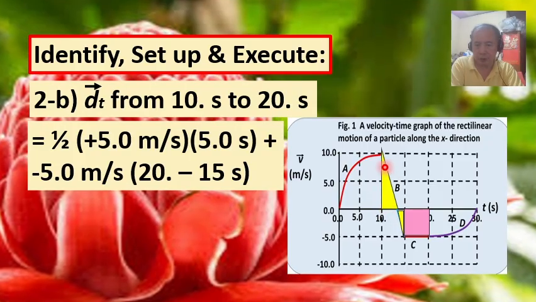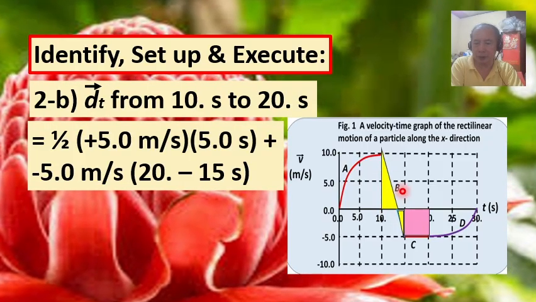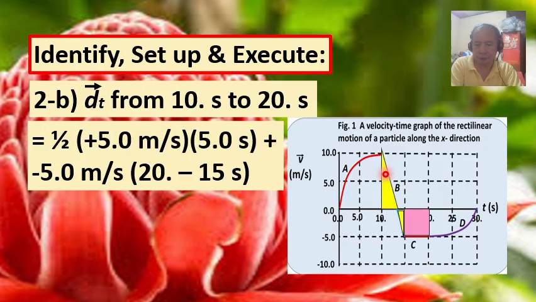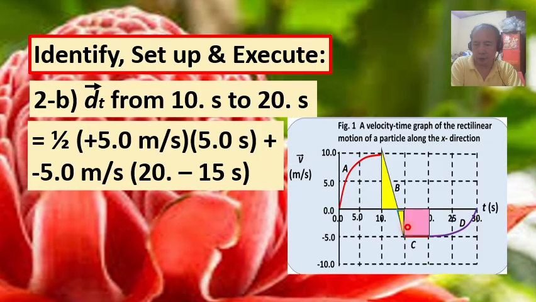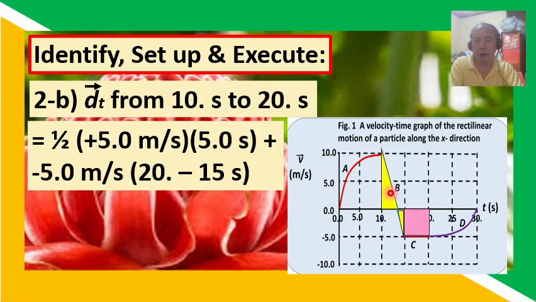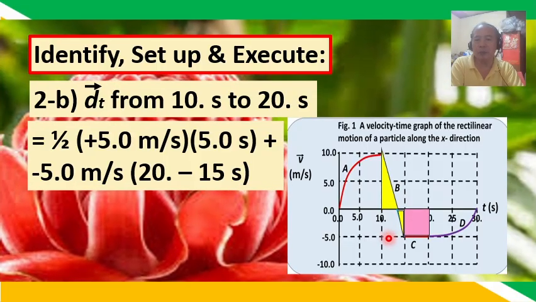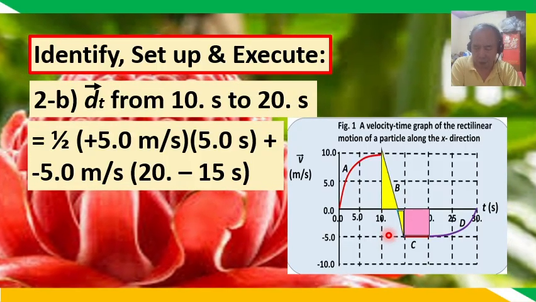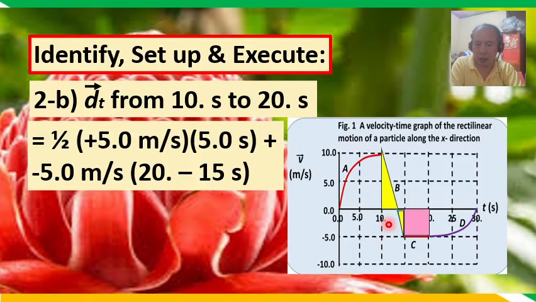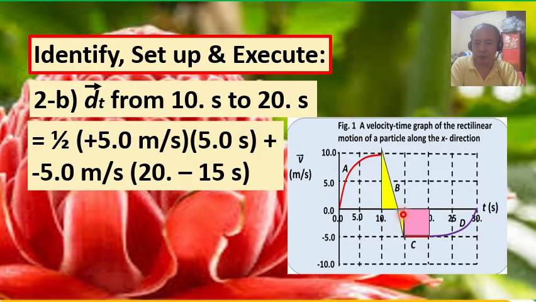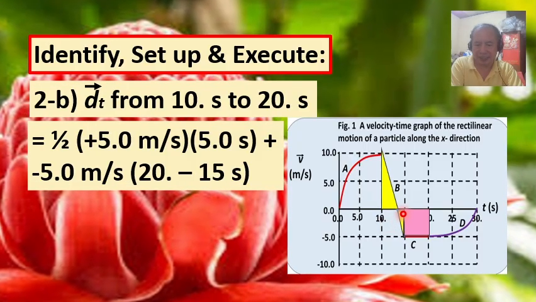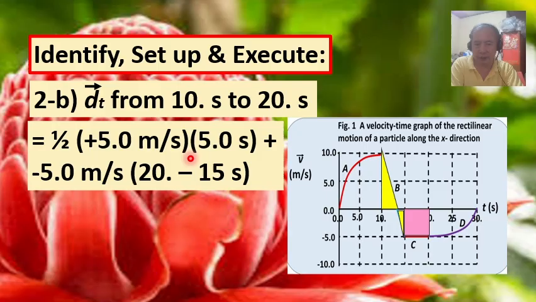So for the two triangles, the bigger one and the smaller one, their combined area represents the displacement of the particle between 10.0 seconds and 15 seconds.